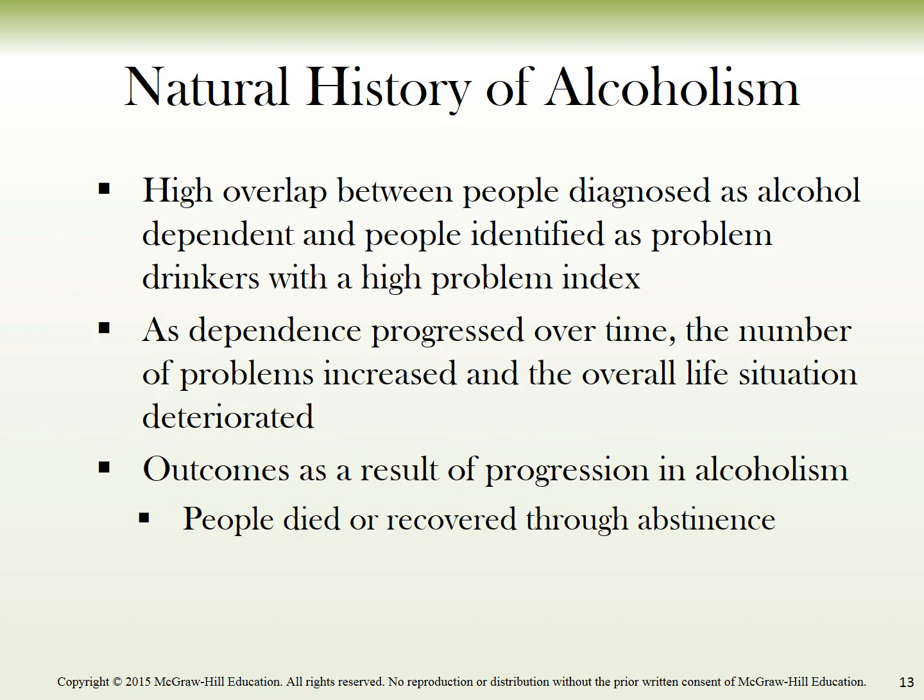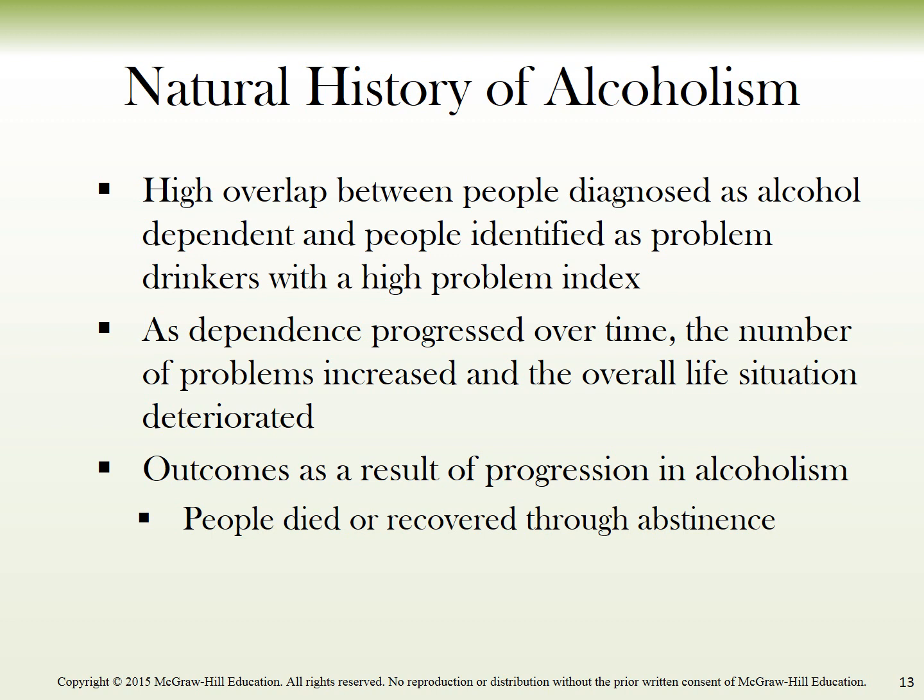He also found that from a diagnostic perspective, the diagnostic criteria at the time were the DSM-3, and people who had a diagnosis of alcohol dependence showed a high correlation or overlap with people identified on a different classification system, more of a social problem classification system, as problem drinkers with high problem indexes.